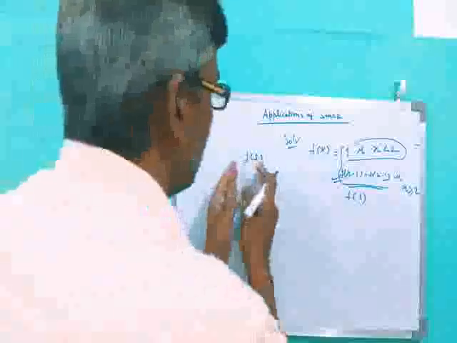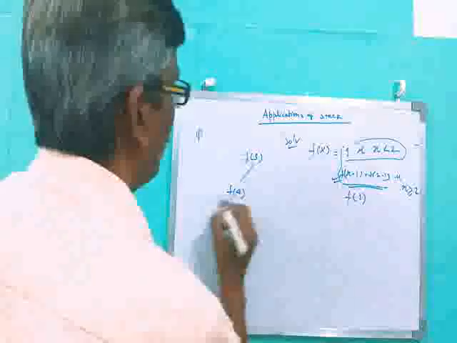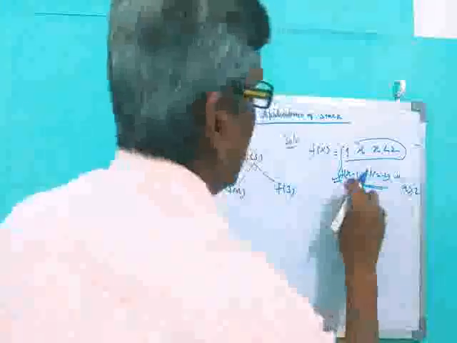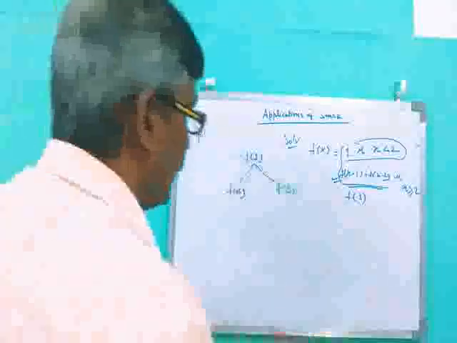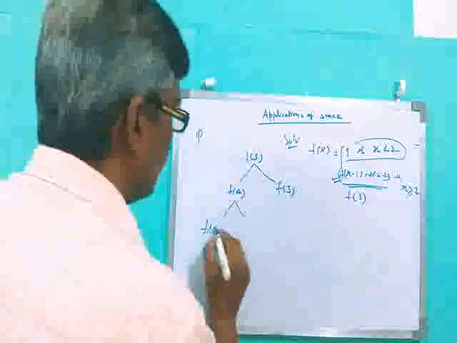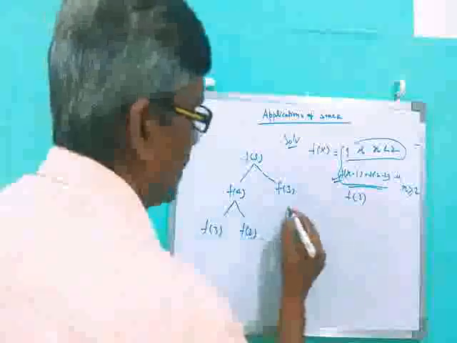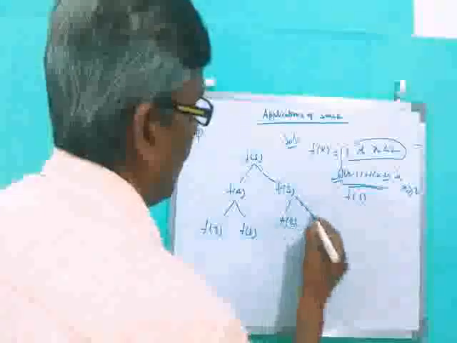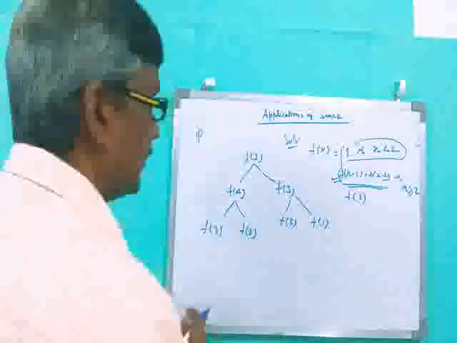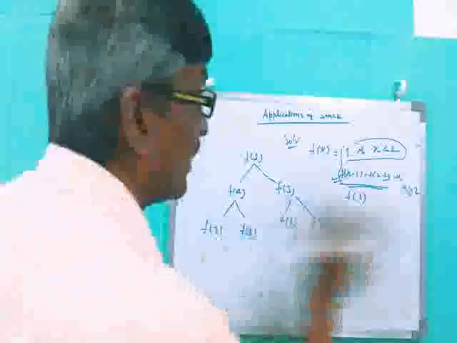It expands to f4 and f3. Then f4 further expands to f3 and f2, and f3 expands to f2 and f1.